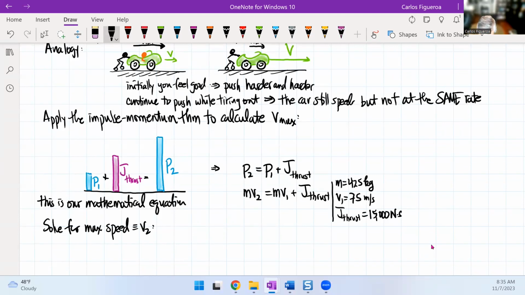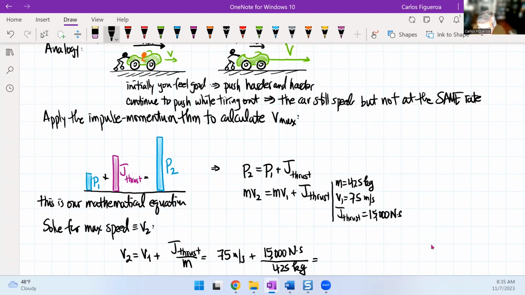If I divide both sides by mass, I get that V2 is V1 plus the impulse of the thrust divided by the mass. So I get 75 meters per second plus 15,000 Newton seconds divided by the mass, which is 425 kilograms.